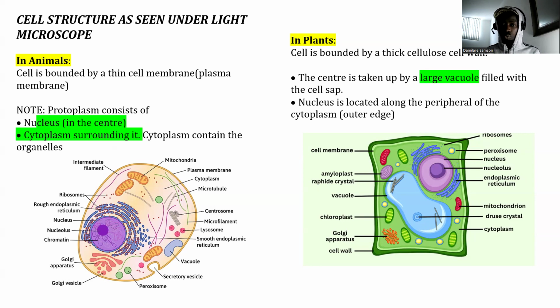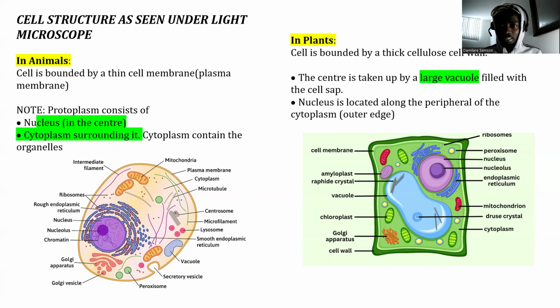There's a very, very large vacuole in plants, but in animals, we have very, very small vacuoles, as you can see from the diagram. They are small vacuoles, and a very good example is the food vacuole in amoeba, and I think the contractile vacuole also in amoeba. So all those give you what the vacuole is all about in animals.